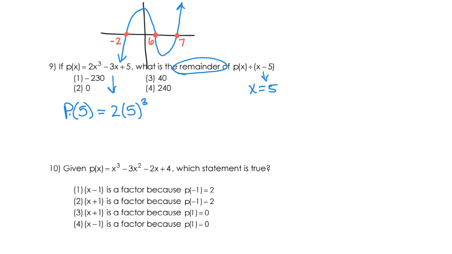Once I type all this in my calculator, what I get out is the remainder. So instead of long division, we'll make the calculator do most of the work. And when I hit enter, this comes out to be 240. And that's the remainder I would have got after I long divided if I chose to go the long way.